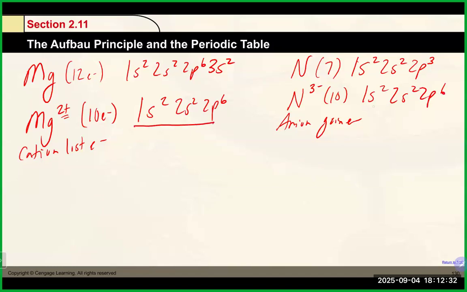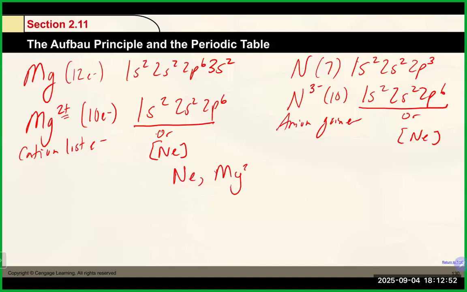This electron configuration and this electron configuration is the same. They're both 10 electrons, and on the periodic table, number 10 is our friend neon's configuration. So all 3 of those things, neon, magnesium with a +2 charge, nitrogen with a -3 charge, they all have the same electron configuration.